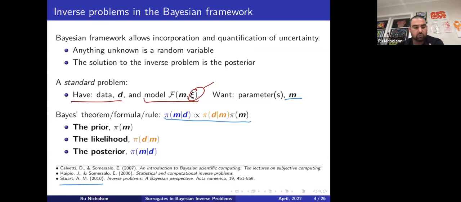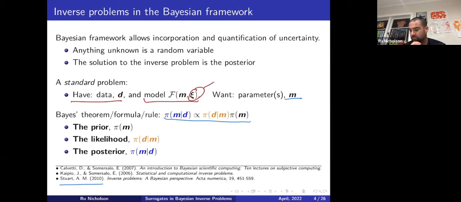But generally, although the parameters of interest are infinite dimensional fields to begin with, we usually discretize them using finite elements or some basis. And so what we actually end up with is an inference problem for the coefficients of those basis functions. So it all boils down to a finite dimensional inverse problem again.